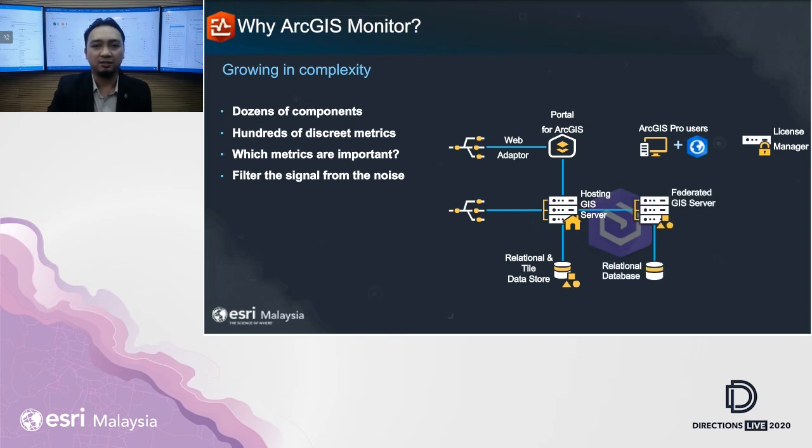And if they want to grow, there can be a federated GIS Server that will be connected to the RDBMS server. And if they use GeoEvent services, there will also be a special spatiotemporal data store attached to it.